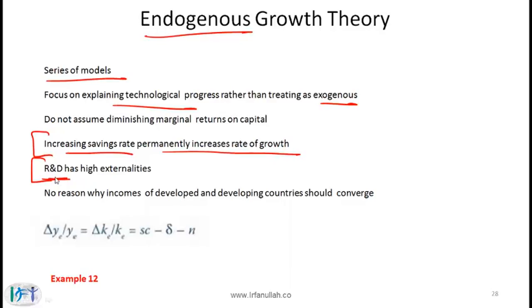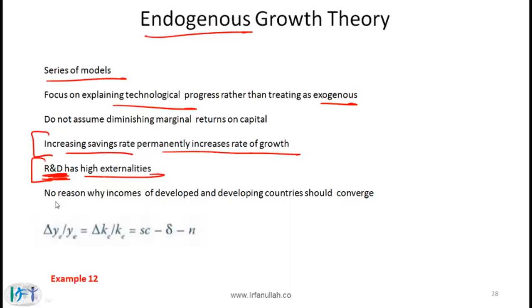The impact of R&D related expenditure is therefore huge, and that's where the high externalities come in. So we can't simply treat R&D like regular capital expenditure because the benefit is immense.